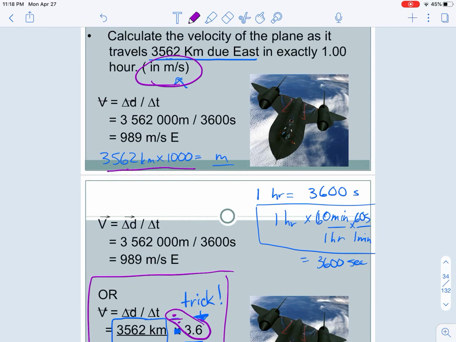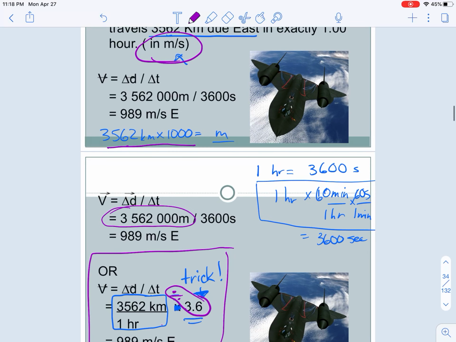If you wanted to convert your 3,562 kilometers into meters, you would have to multiply by 1,000. So you could do that and get this number. To get your 1 hour, you could say the hour is 3,600 seconds, so that you can divide by 3,600 seconds. This definitely, the converting way is more work. I'm showing you here how you take 1 hour and find out how many seconds it is, how I got this 3,600, because 1 hour has 60 minutes in an hour, and that way you can cancel hours.